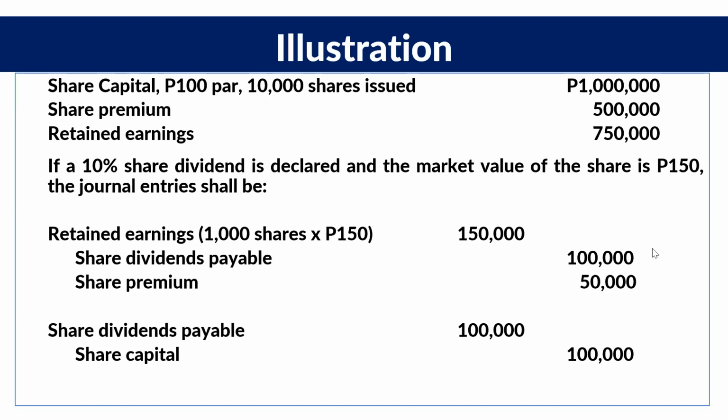On the date of distribution, since we already recognized the share premium when the dividends were declared, you are going to simply reclassify your share dividends payable to share capital at 100,000. So that's equivalent to the par value of the share. Okay, so that's for the small share dividend.